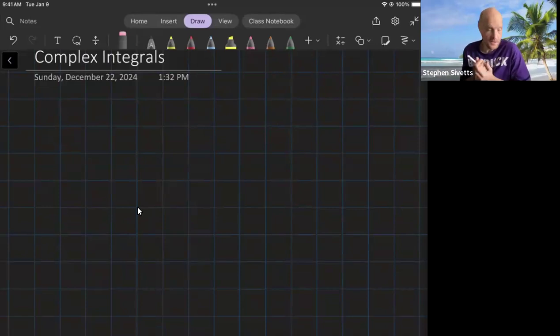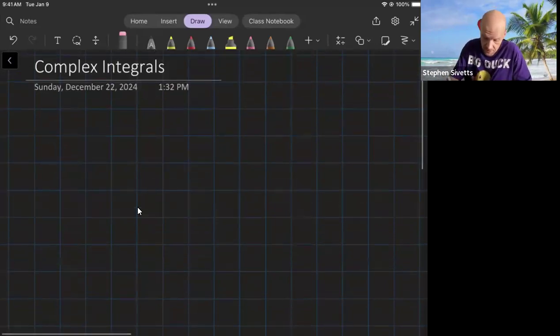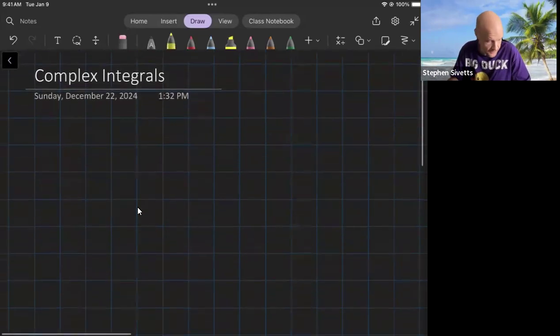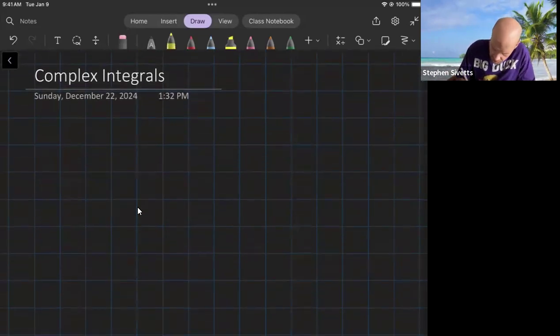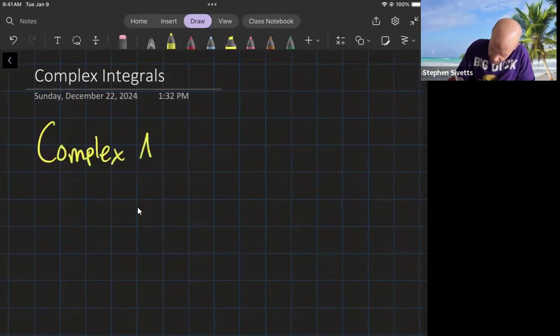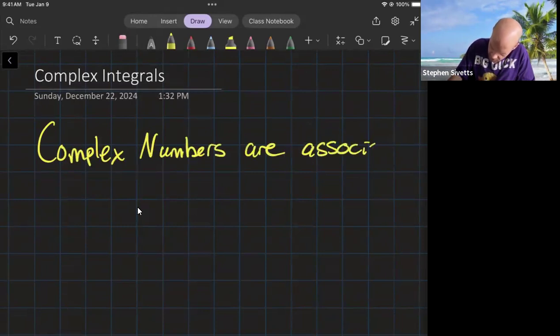So in this video, we'll look at complex integrals that are defined in the complex variables. Complex numbers are associated with vectors, right?